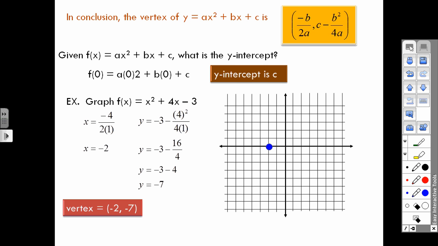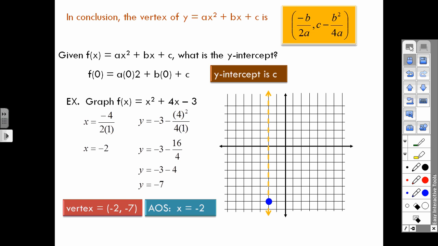Negative 2, negative 7. 1, 2, 3, 4, 5, 6, 7. Right there. Okay. Awesome. Now remember that this right here, x equals negative 2, is your axis of symmetry. So we're going to put that in. Here's our axis of symmetry.